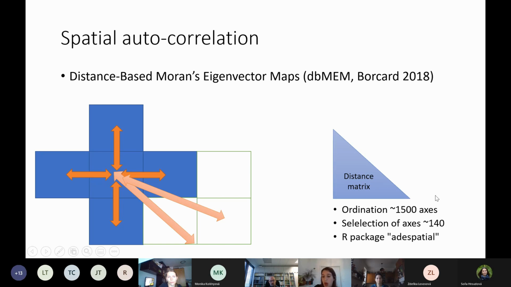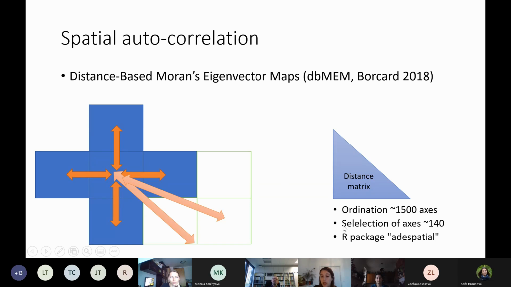This ordination will have different axes, each one representing a different spatial scale. For example, the first axis usually will show the differences at a smaller scale, for example the neighboring cells, and some of the other axes would represent bigger distances.